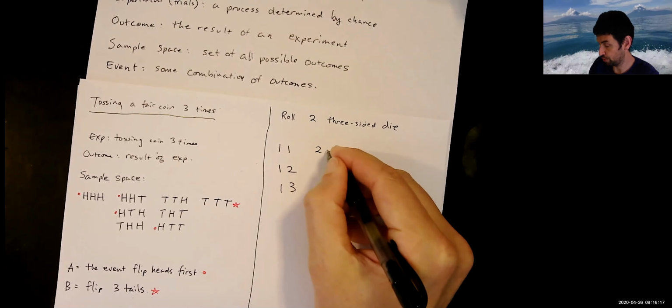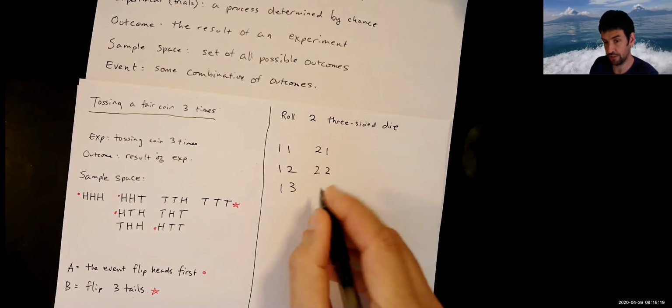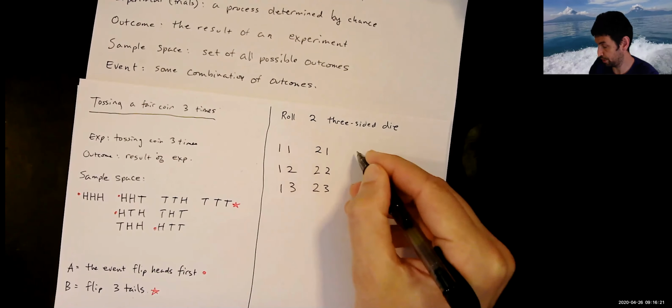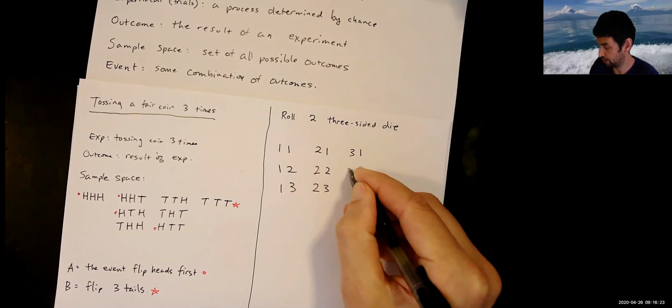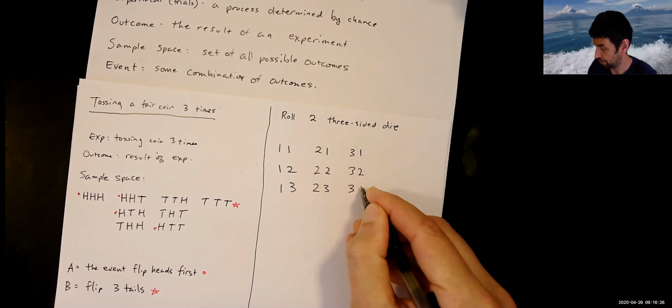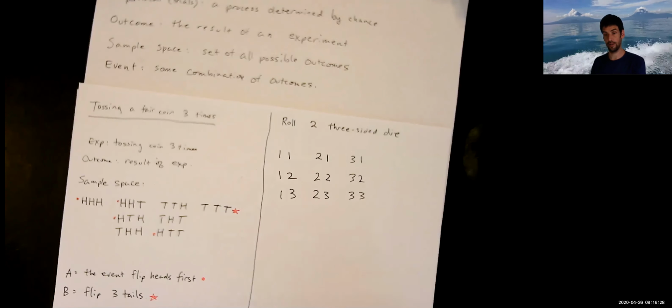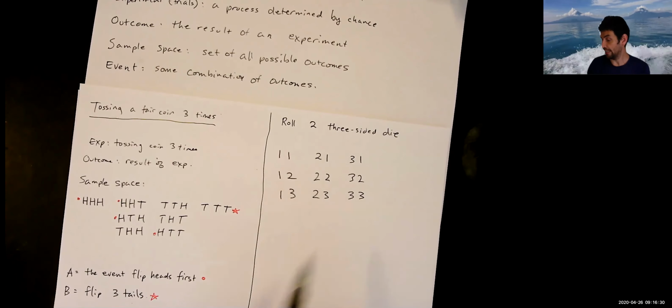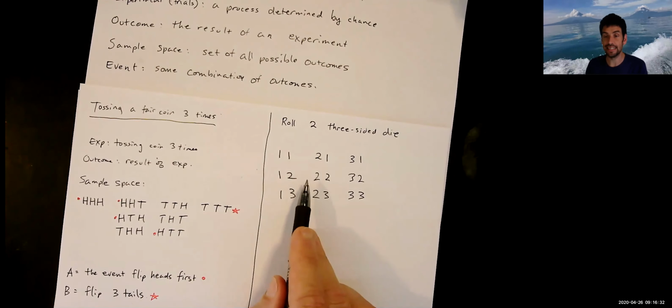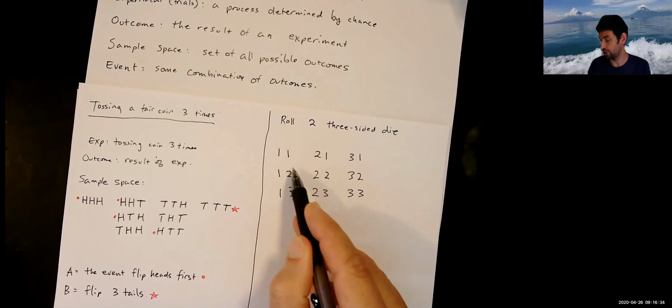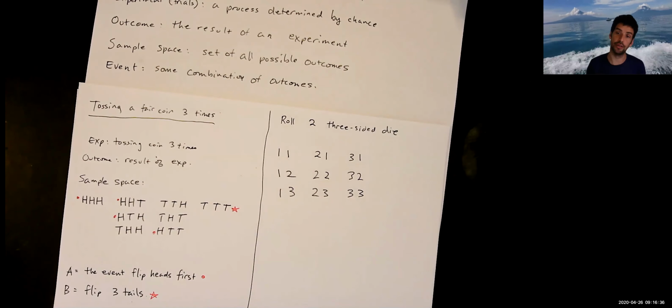Maybe I roll a 2 and a 1, a 2 and a 2, a 2 and a 3, or a 3 and a 1, a 3 and a 2, a 3 and a 3. There are 18 numbers here, but only 9 outcomes because each pair is one outcome of the experiment of rolling these 2 3-sided dice.